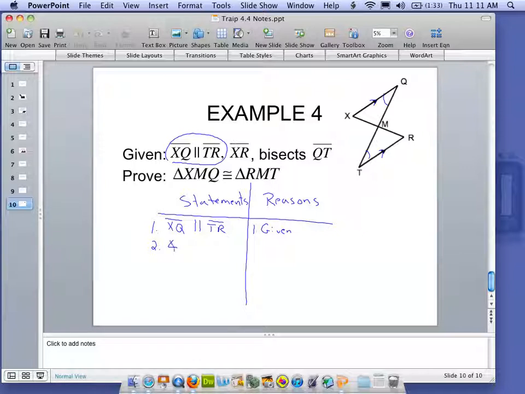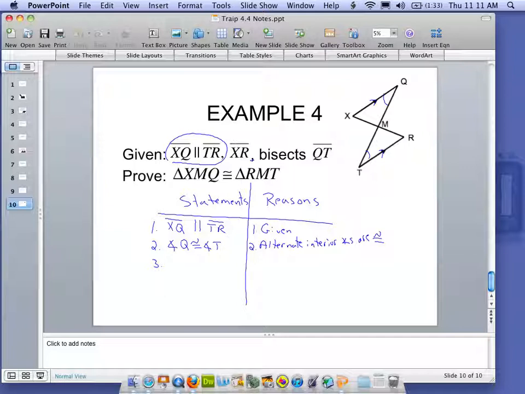So I'm going to say angle Q is congruent to angle T, and my reason is alternate interior angles are congruent. If you don't want to write quite so much, you can abbreviate, as long as when you look back at it, you know what you're saying.